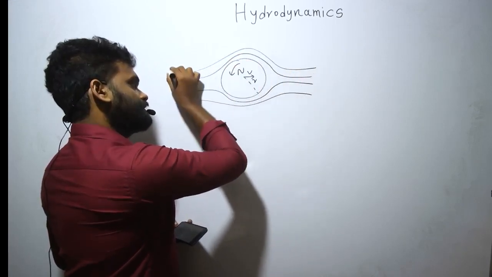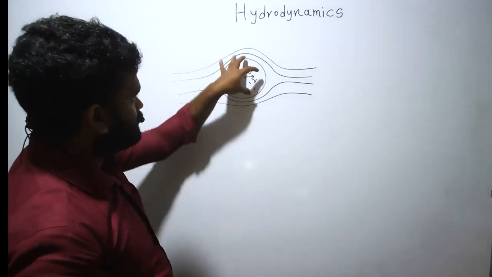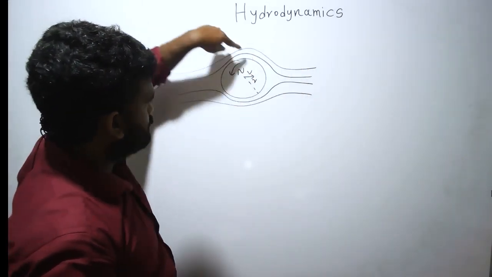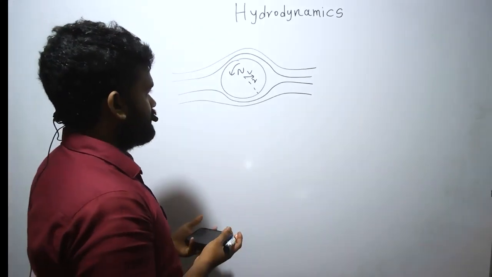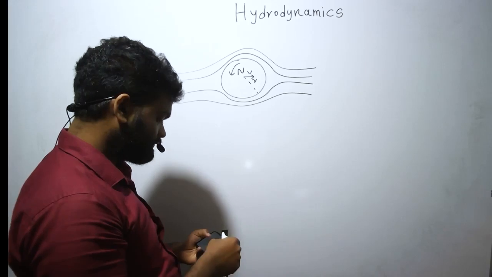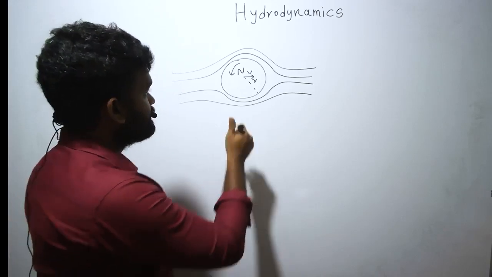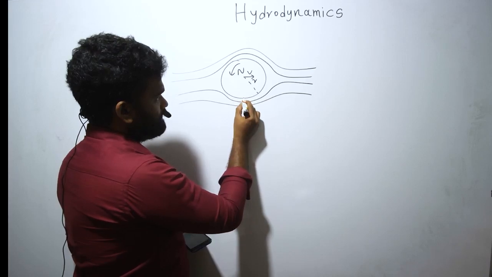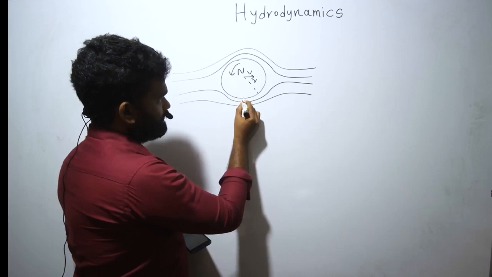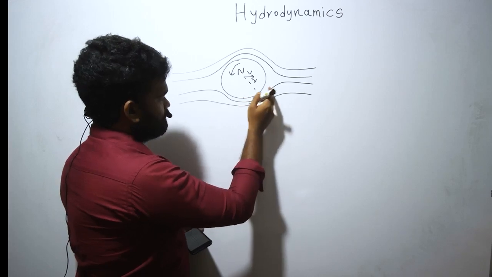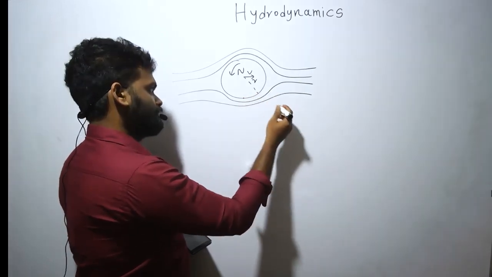So you know that relative to the ball, you can imagine these streamlines, right? So when you turn the ball, what happens is if the ball rotates like this, there's a roughness to the ball, right? Here the velocity of the air stream is v.